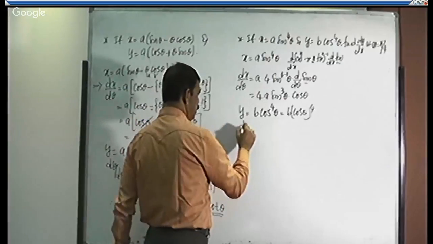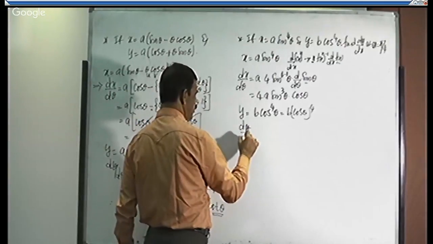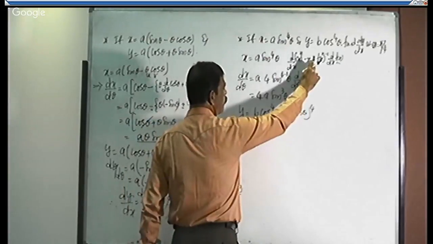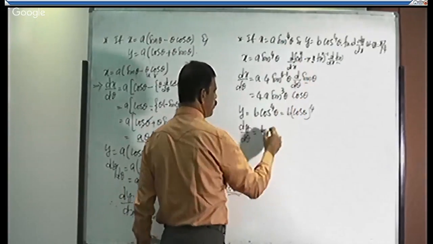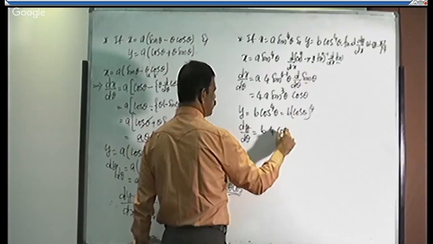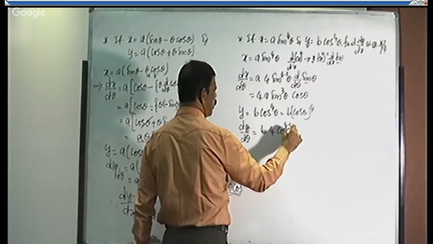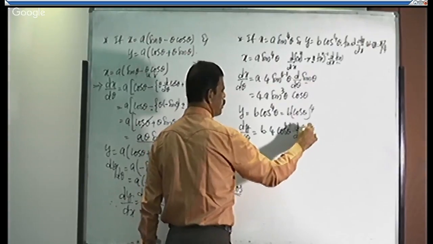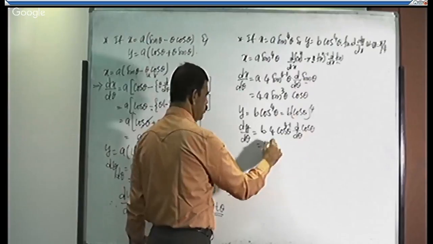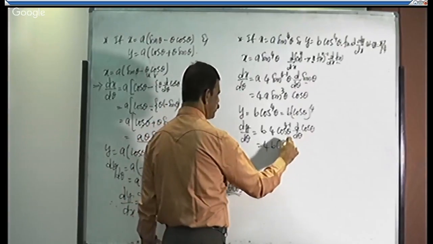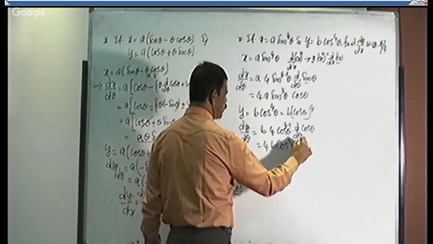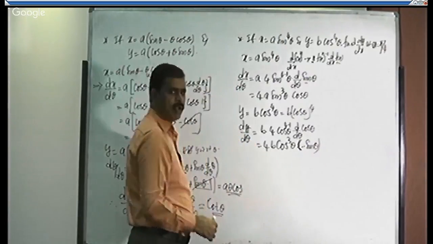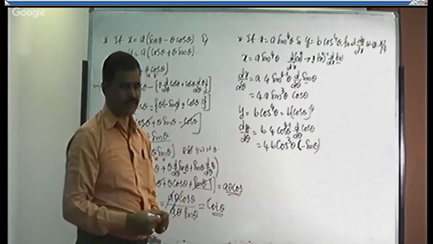So differentiating this, dy by d theta, b into, follow the same function to the power of n formula, 4 into cos to the power of 4 minus 1 into d by d theta of the function cos theta. That is 4 into b cos to the power of 3 theta. Differentiation of cos theta is what? It is minus sin theta. Differentiation of cos theta is minus sin theta.